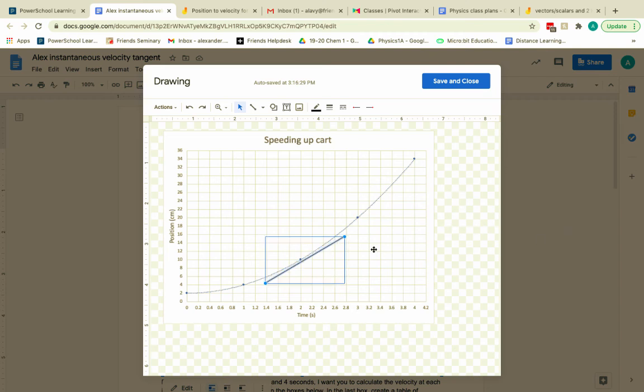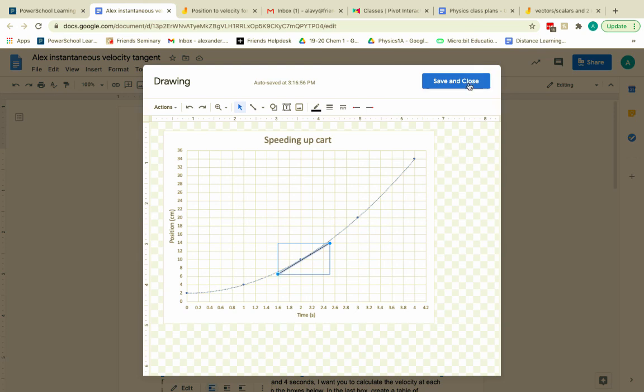I can just look at the rise, which is 14 meters minus approximately 6.2 meters, which is 7.8 meters. And then the run looks like about 2.5 seconds minus 1.6 seconds, which is 0.9 seconds.